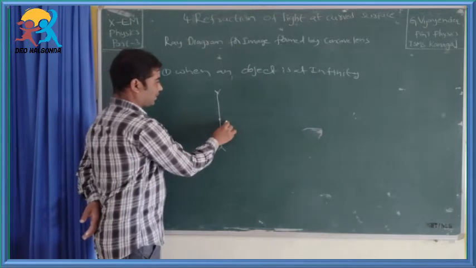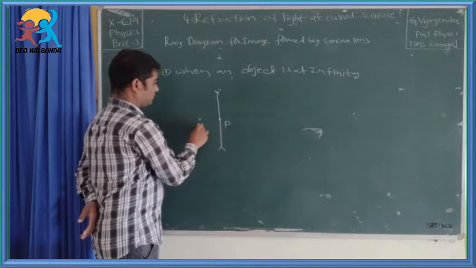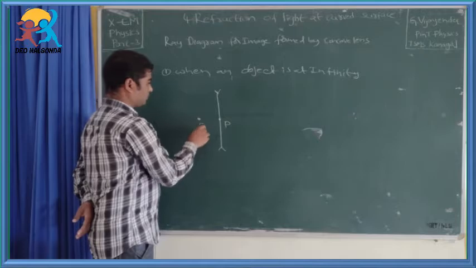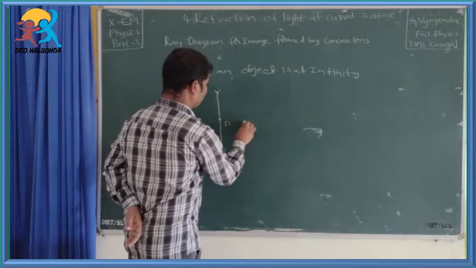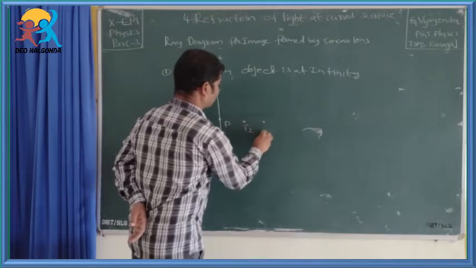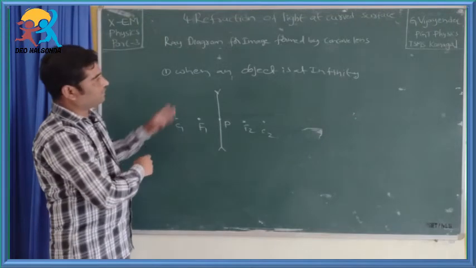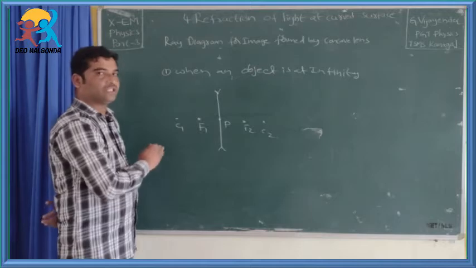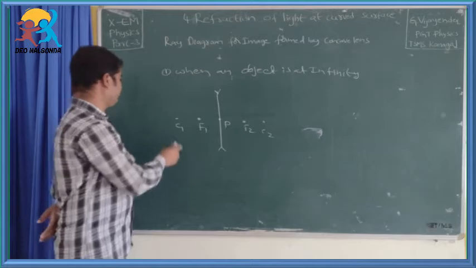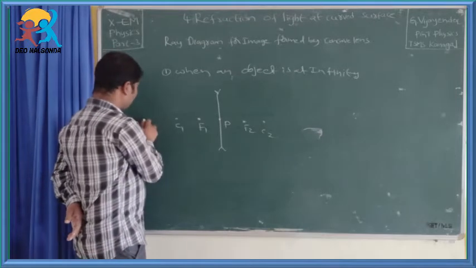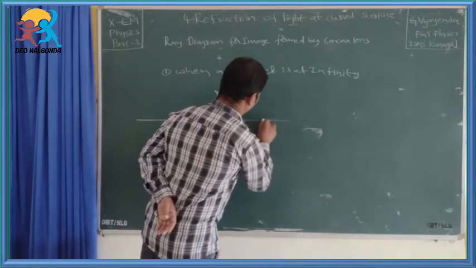The geometrical midpoint is the optic center, denoted with P or O, and it has 2 focuses and 2 centers of curvature. Here the object is at infinity, which means we are considering only a paraxial or parallel beam of light rays. So only the light rays which are parallel to the principal axis are considered in this case.